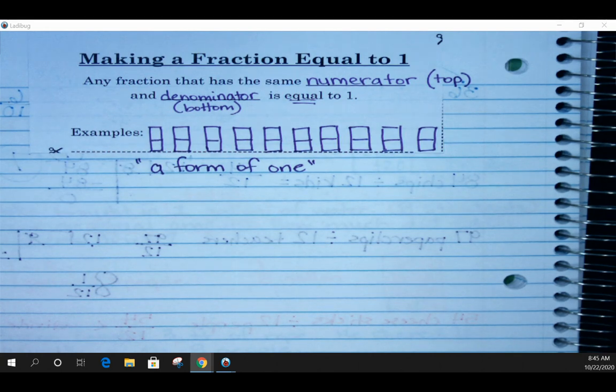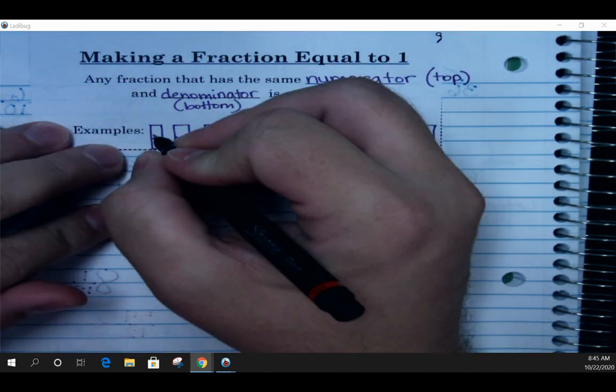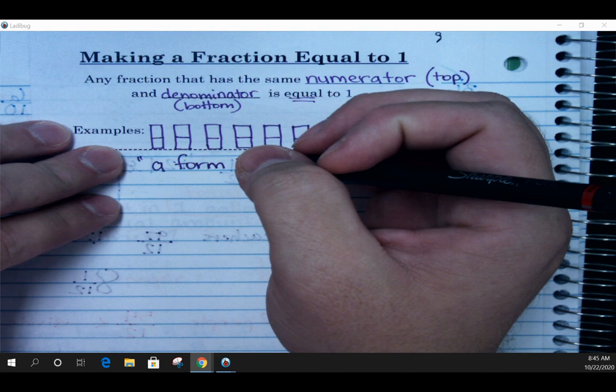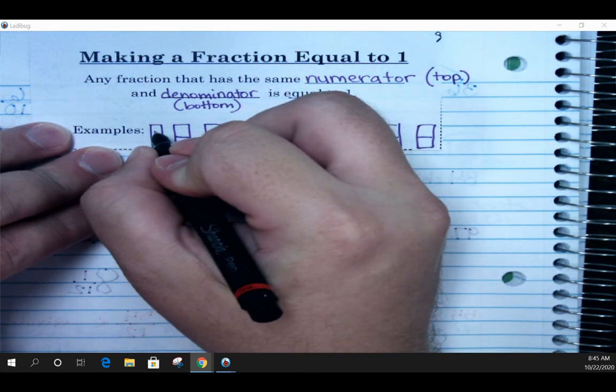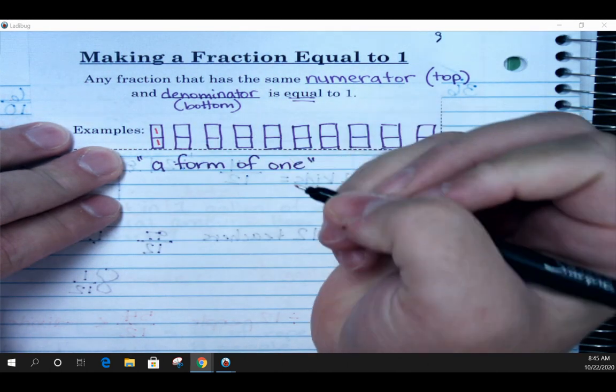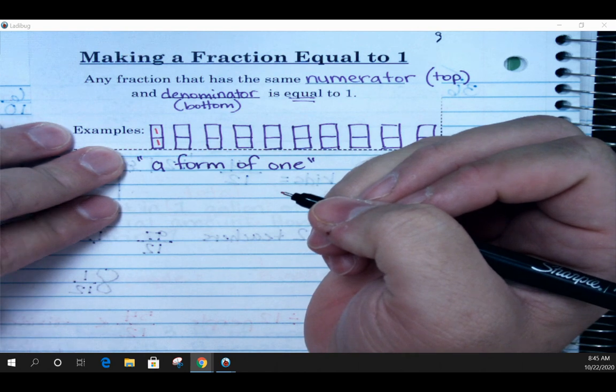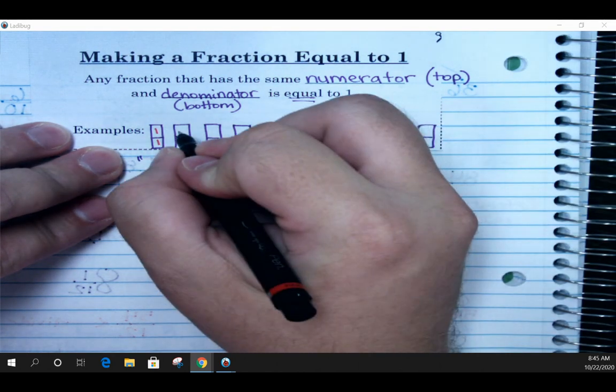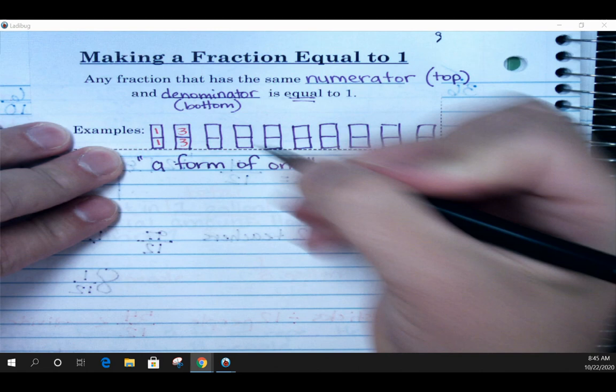Okay, so give me an example of a form of 1. Caleb? 1 over 1. What's another one, Maddie? 3 over 3.